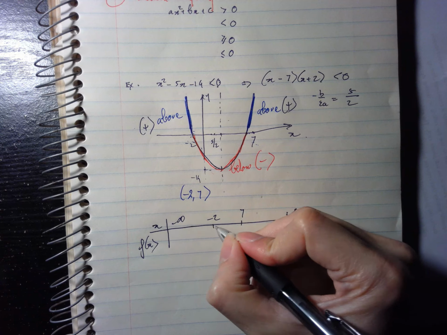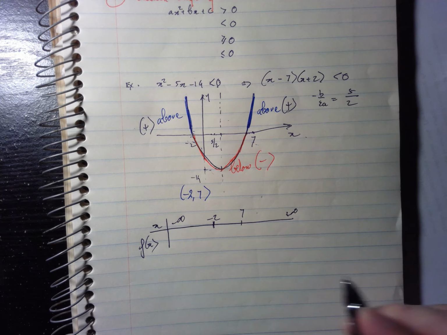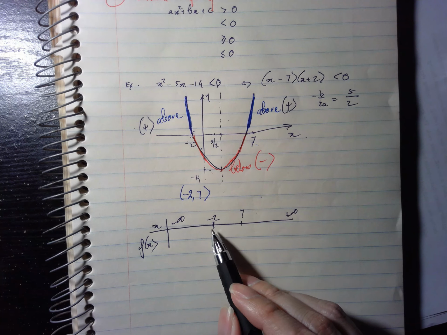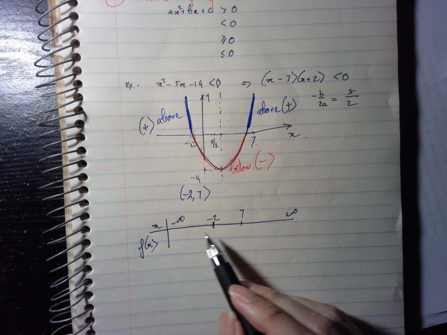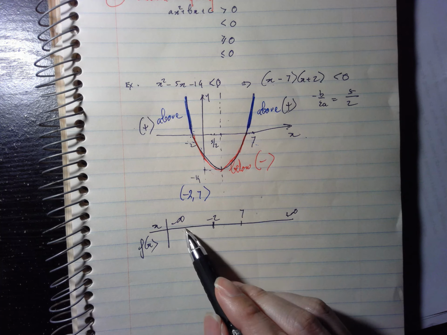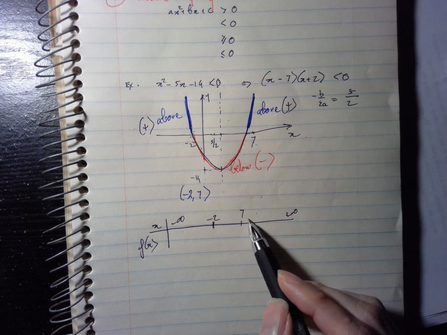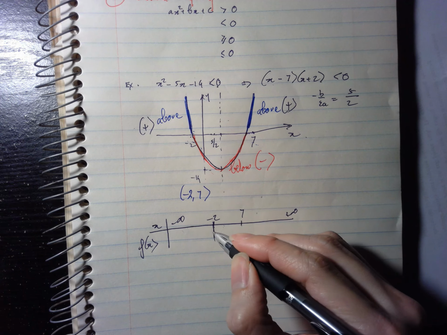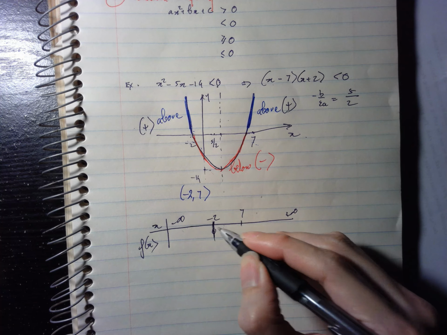And you see that this number line here, from negative infinity to positive infinity, with -2 and 7, divides the whole number line into 3 intervals, right? So I'm gonna just go ahead and pick any point in order to check if this gives you 0.